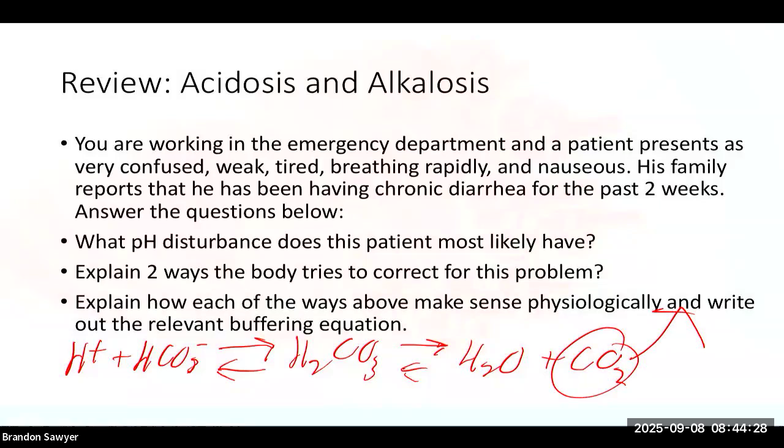We'll breathe that out, and then we can't drive the equation back the other direction. We can't push it back the other way and remake that hydrogen ion. So it's helping us get rid of hydrogen in a way, without actually getting rid of hydrogen, but it makes it so we can't reform it. So really, we would want to know that the equation is reversible, but in this case, it's moving to the right.